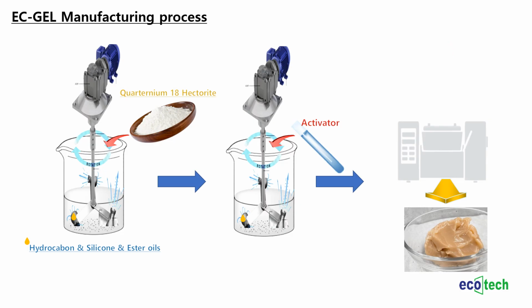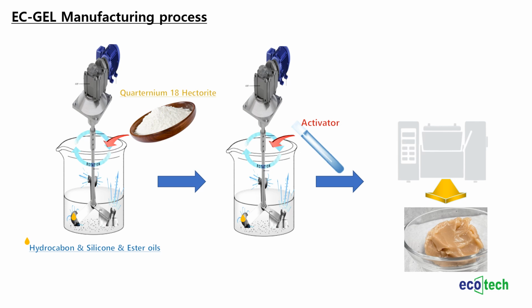These diagrams illustrate the manufacturing process, which involves the dispersion of hectorite in an oil paste. First, a mixture of hydrocarbon, silicone, or ester oils is placed in the mixing vessel. Under continuous stirring, hectorite powder is slowly added to the oil paste.